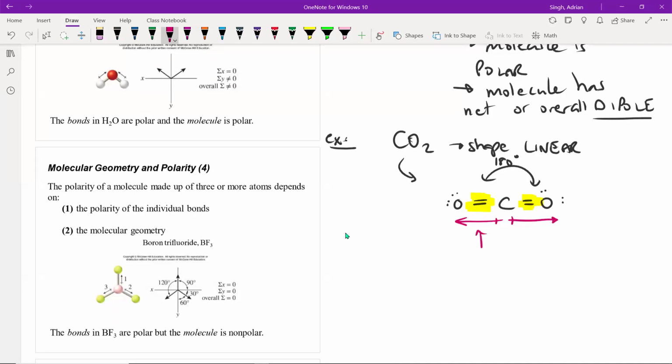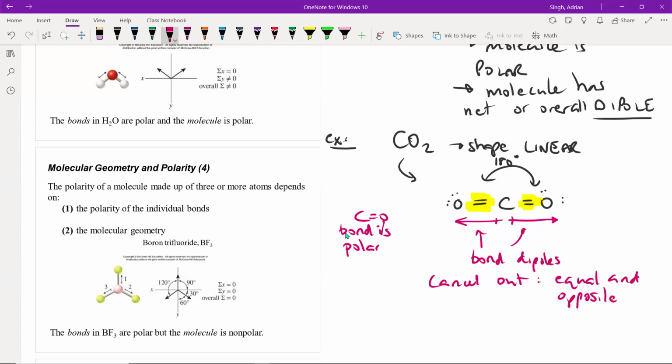Okay, so these are the bond dipoles that we have in CO2. The C-O bond is a polar bond, and you can look at your differences in electronegativities to confirm that. So in this case, our molecule does have polar bonds. Do they cancel out? These bond dipoles do cancel because they are equal and they are opposite to each other.